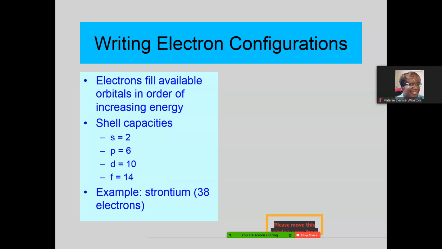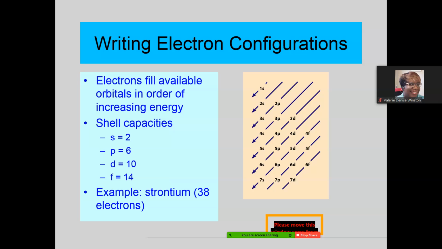So you have 38 electrons in strontium. Okay, here's how they fill. Now this is a rather strange graph, but this works, and this is the one we're going to come back to in today's lab. So I'm going to try to tell you what happens.